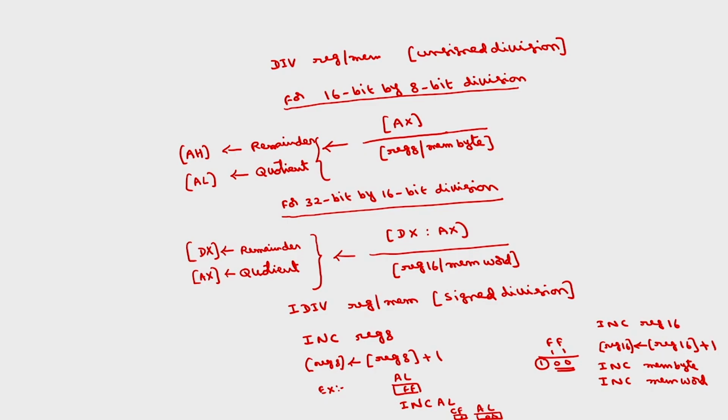Similarly, we have 4 decrement operations. The mnemonic for decrement is DEC. DEC register 8 means register 8 contents will be decremented by 1 and stored back to the same register 8. Similarly, you can have DEC register 16; register 16 contents will be decremented by 1 and stored back to the same register 16.